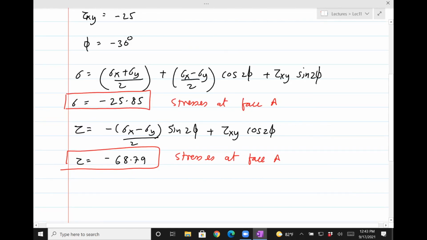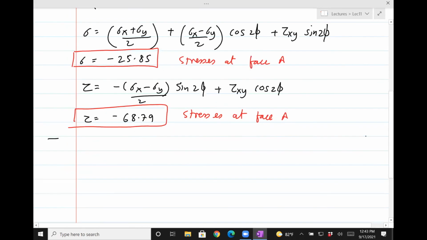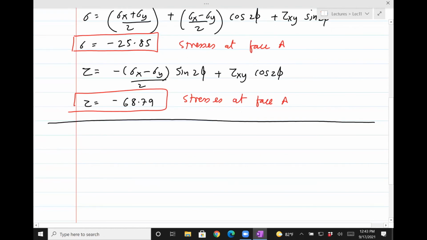How do we find the stresses at face B? What we need to do is change the value for phi. Okay, so A is this, B is this. We rotated the element in this fashion.